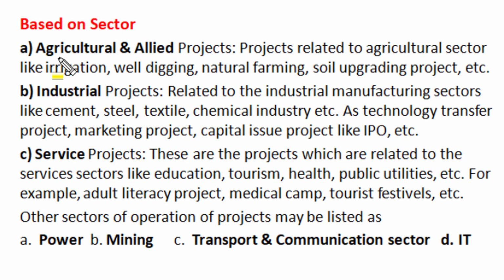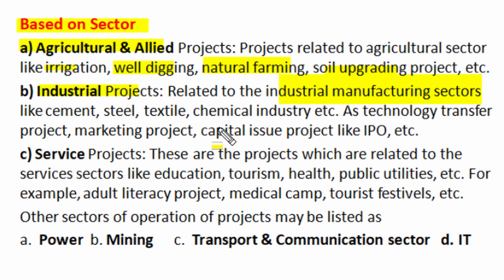One very important classification of projects is based on sectoral activities. There may be projects of agriculture or allied sectors like irrigation, well digging, natural farming, soil upgradation, all are projects related to agriculture or allied sectors, whereas there are industrial projects which are related to industrial manufacturing sectors like cement, steel, textile, chemical, petrochemical.